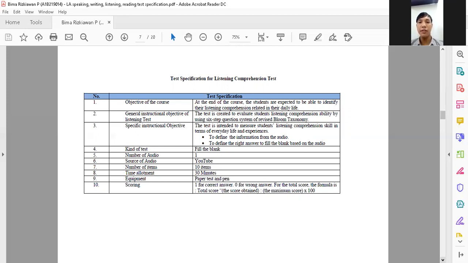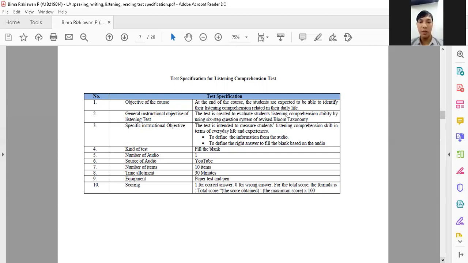Specific instructional objective: the test is intended to measure students' listening comprehension skill in terms of everyday life and experience. There are to define the information from the audio and to define the right answer to fill the blank based on the audio. The kind of the test is fill in the blank. Number of audio: 1, sourced from YouTube.